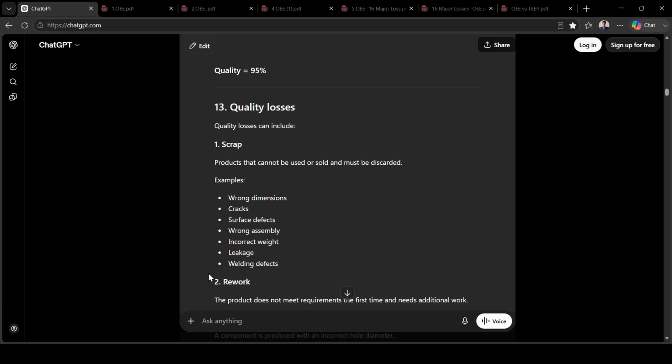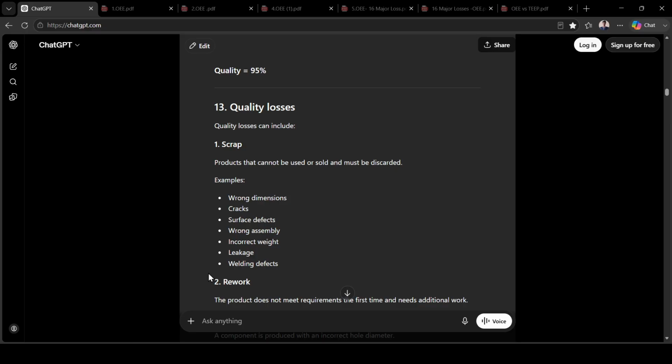Quality losses can include, first one, scrap. These are products that cannot be used or sold and must be discarded.